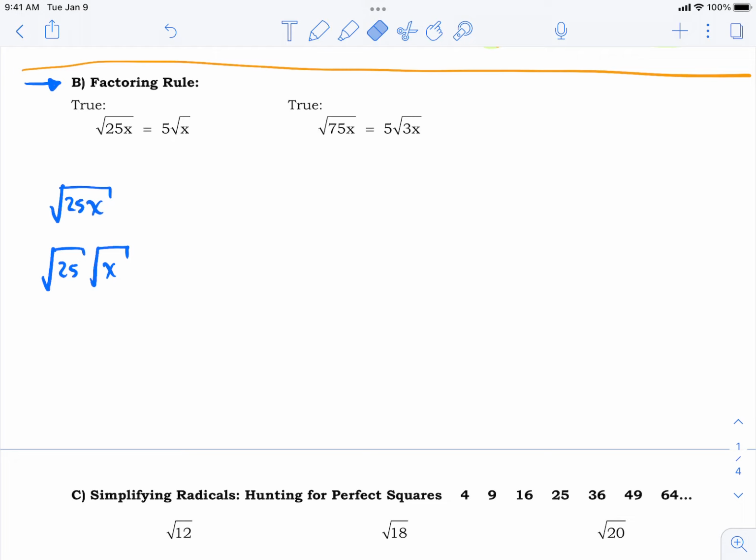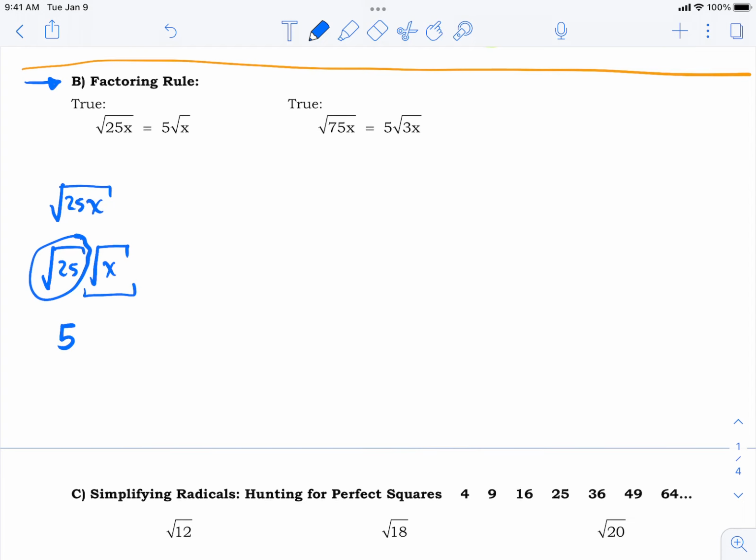This is where the simplifying comes in. Simplifying radical 25 gives you just 5. You can't simplify radical x, so you just leave it. But that's how you get 5 radical x.